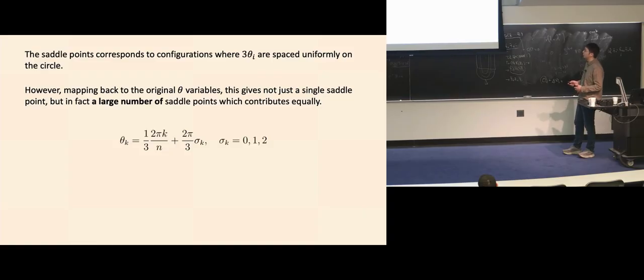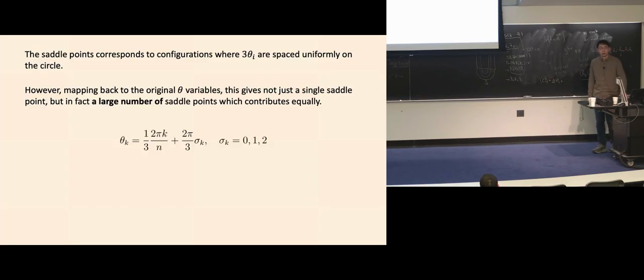Let's say you fix 3 theta to be 2 pi k over n. Theta can be 1 over 3 times that plus any multiple of 2 pi over 3. Shifting thetas by any multiple of 2 pi over 3 will give you exactly the same saddle point in terms of 3 theta. So they are all equally well saddle point contributions to the original integral over theta.